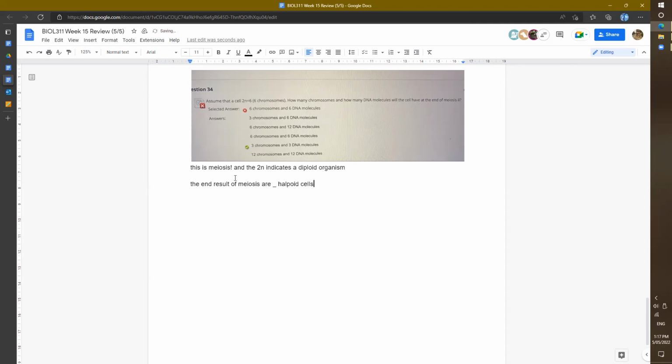So we started with 6 chromosomes, which meant that we also had 6 DNA molecules. And we underwent meiosis, so we just halve everything. And so we'll get 3 chromosomes and 3 DNA molecules. And that is that.